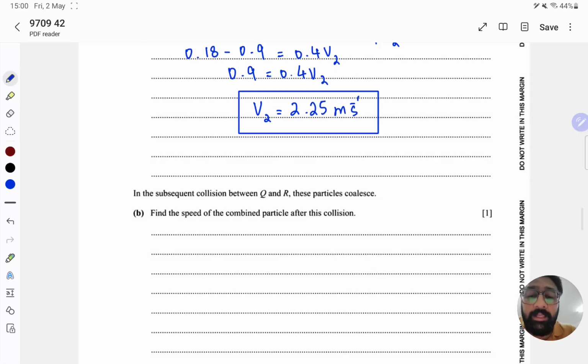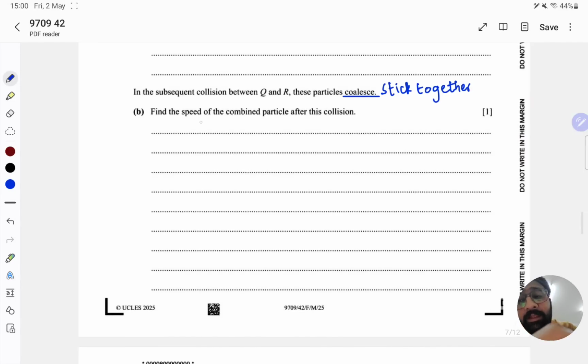In the subsequent collision between Q and R, these particles coalesce, which means that they stick together. You need to find out the speed of the combined particles after collision, the same thing. So momentum before collision is equal to momentum after.